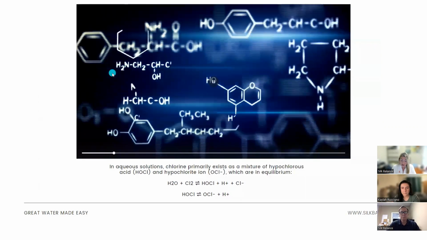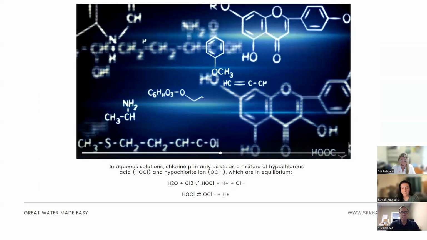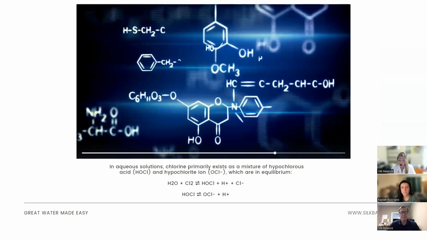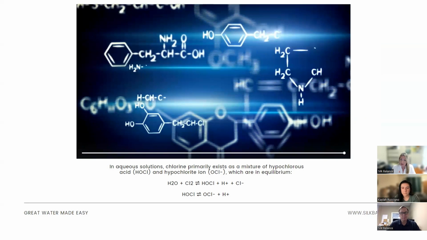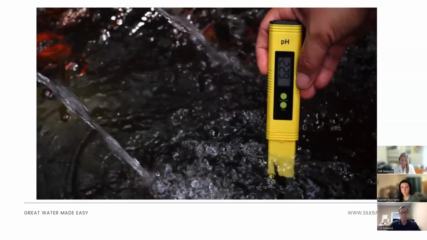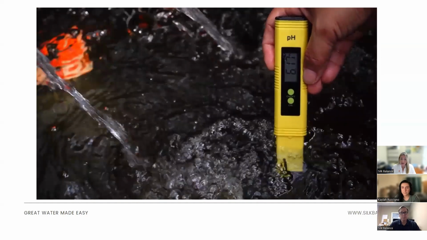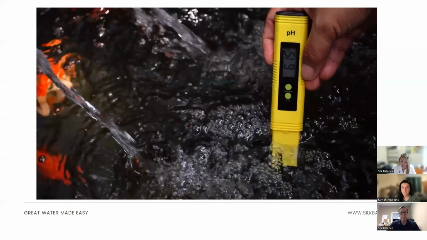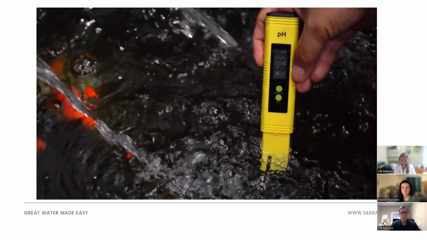In aqueous solutions, chlorine primarily exists as a mixture of hypochlorous acid (HOCl) and hypochlorite ions (OCl-), which are in equilibrium. So you can see below the chemical formulas for these two. The equilibrium between hypochlorous acid and hypochlorite ion is highly pH-dependent.